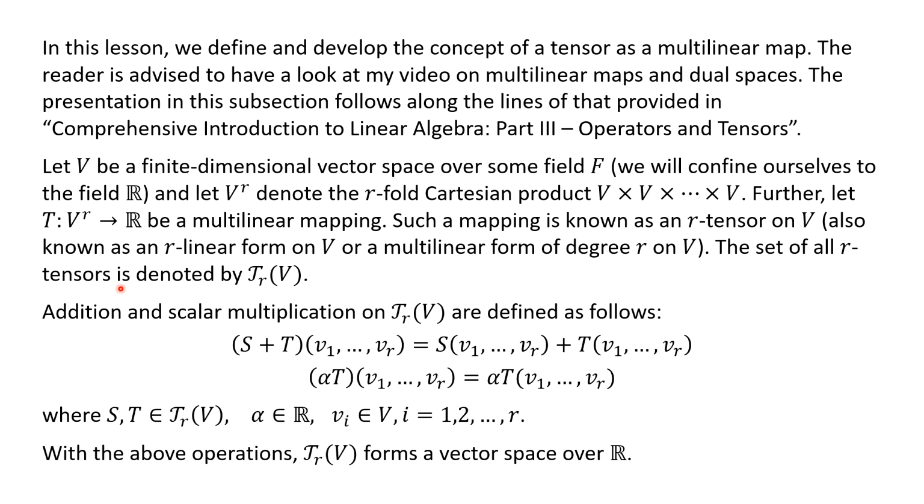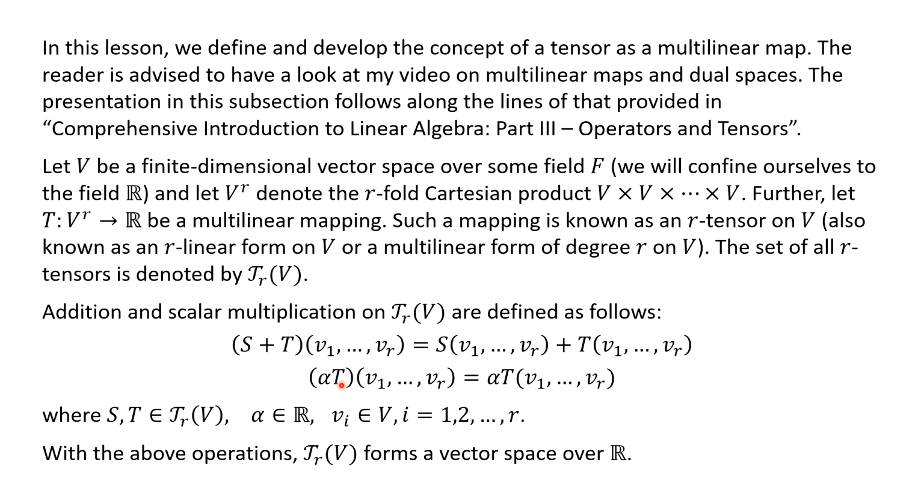The set of all R tensors is denoted by script T sub R of V. So of course V is the vector space and R is the number of appearances of the vector space in our Cartesian product. We define addition and multiplication as follows. S plus T, where S and T are these multilinear maps or R tensors, applied to a vector is just S applied to the vector plus T applied to the vector.